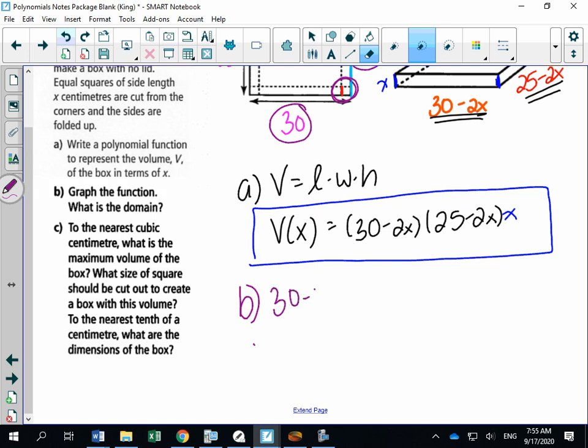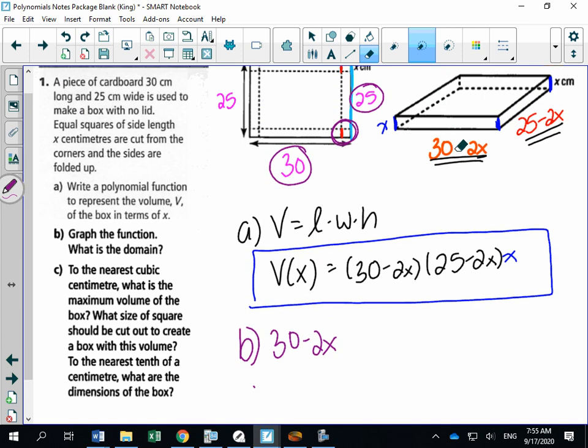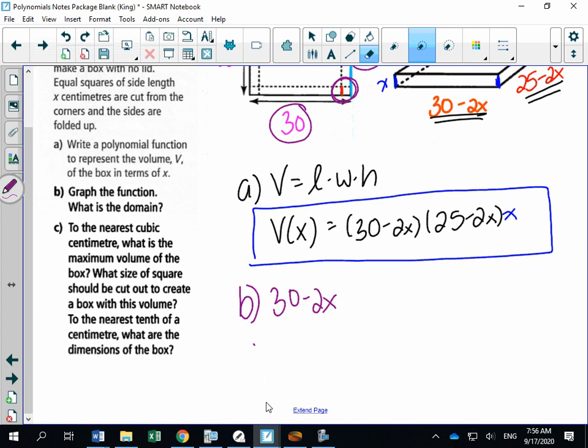So 30 minus 2x. And the domain restriction is that our x has to be bigger than 0, right? That's going to be what our restriction is, because if we're taking out a side length, we can't take out a negative side length. I'm not going to take out 0. So my restriction is this value must be greater than 0.